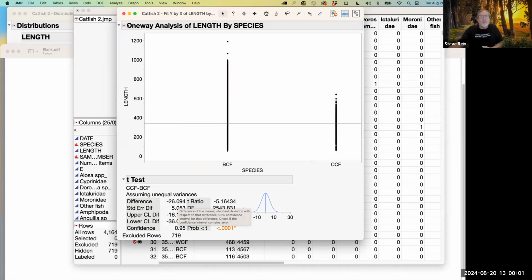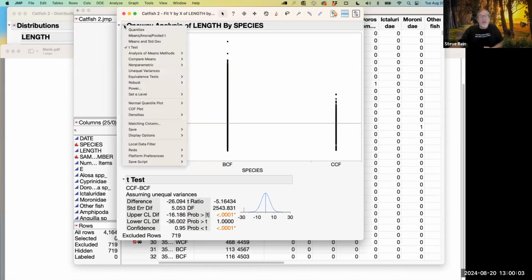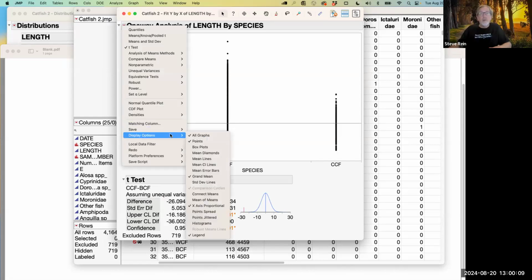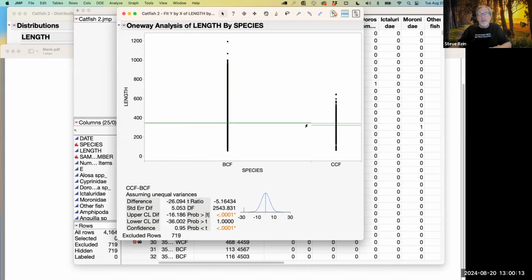These guys are shorter than the other by 26. I could even show you graphically how that is under our graph display options. I could show you literally the lines where the averages are. The one group is 26 millimeters higher than the other group. Blue catfish, 26 millimeters higher on average.